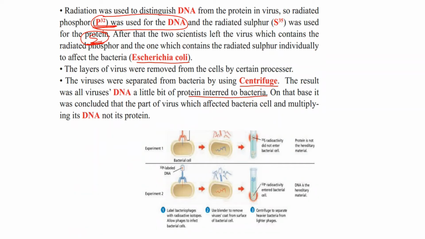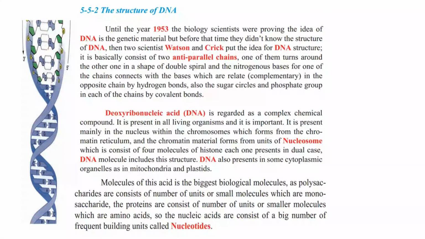So when the parts of the virus were removed, they observed the bacteria and saw more of the genetic material, or viral DNA, than protein. So they concluded that it is not protein, but it is DNA which affects the bacteria and multiplies.